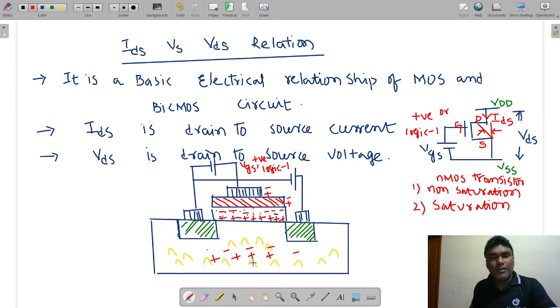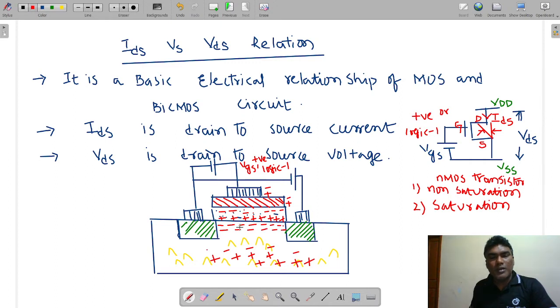In the p-type substrate, positive carriers are the majority and negative carriers are the minority. Whenever VGS is applied, some voltage VT is required to move these minority charge carriers towards the SiO2 layer. Minority charge carriers, the negative electrons, move towards the SiO2 layer and form a channel between source and drain.